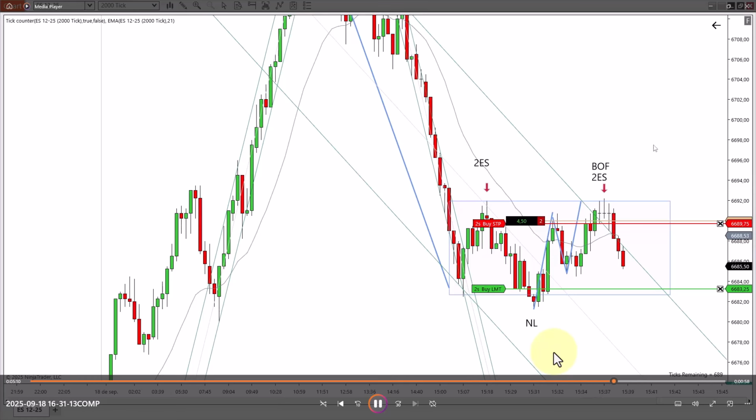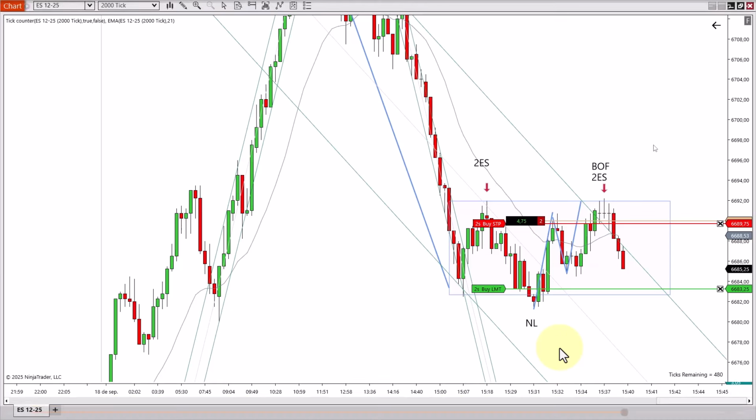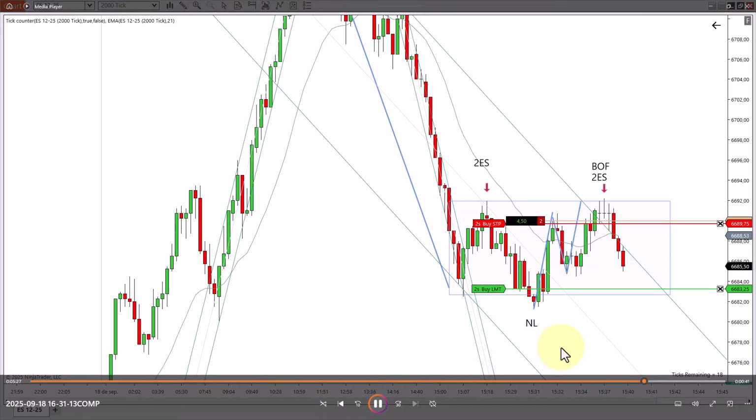And if he gets this runner where he's got his exit, it's going to be somewhere around 5 or 6 points.